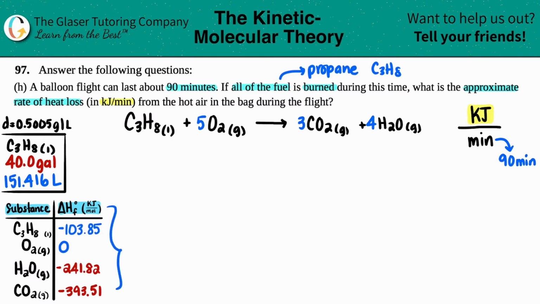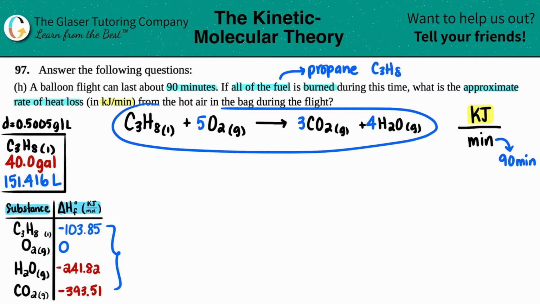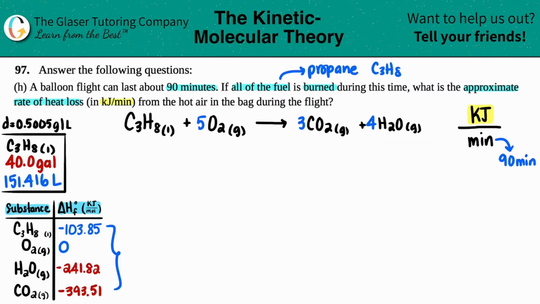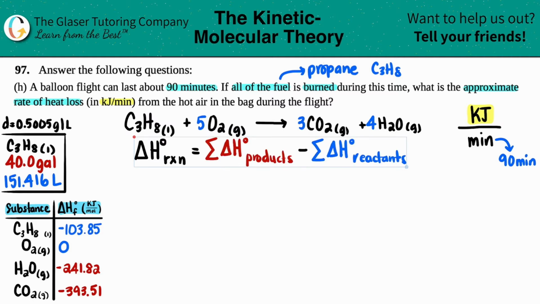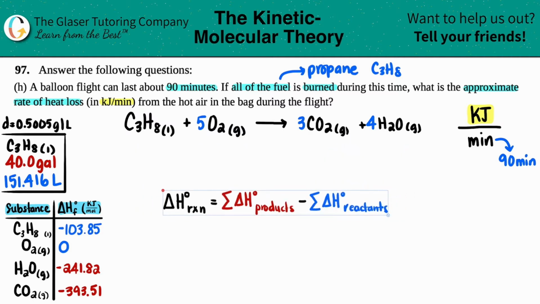So what I did for you guys is I went to the back of the chapter and I found all of the standard values for each compound or molecule here, because that's how we're going to find a kilojoule value, kJ. That comes from enthalpy, which I believe was the thermochemistry chapter, chapter 5. But it comes down to this one formula, and we've seen it time and time again. It's this one right here: products minus reactants.